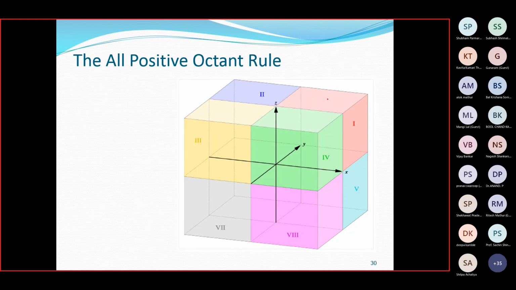The very first has all positive: going from the middle this way is positive, this way is positive, and going upward is positive. In the second one, going up is positive, along the y-axis it is positive, but along the x-axis it is going to be negative.